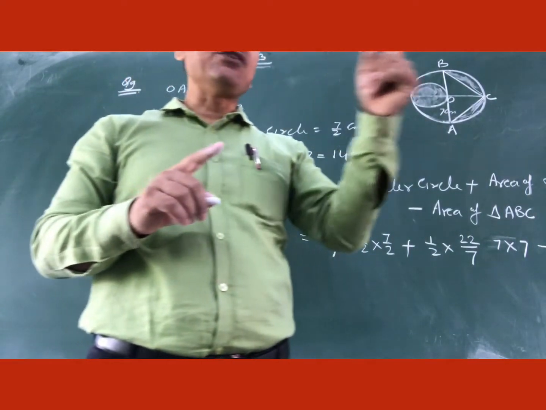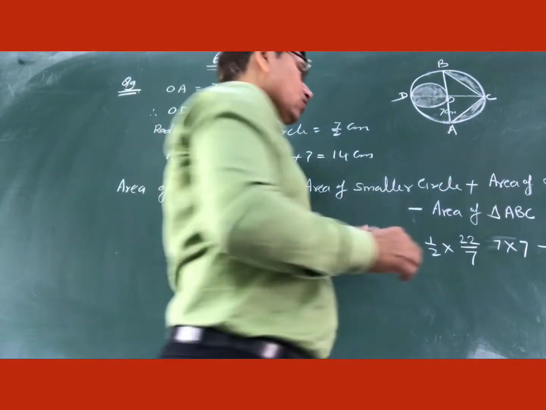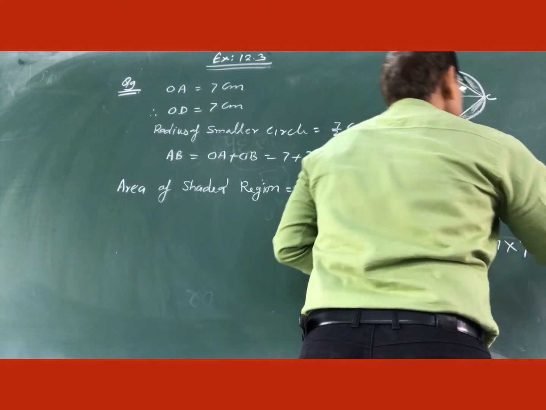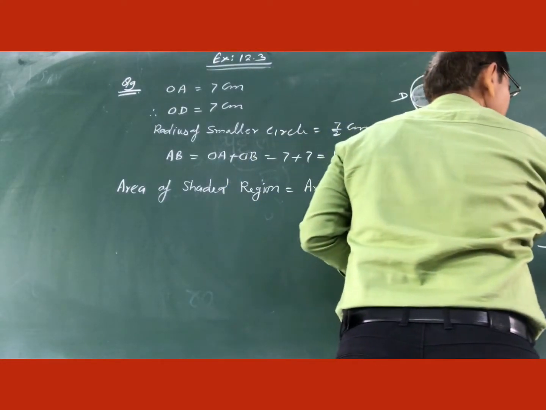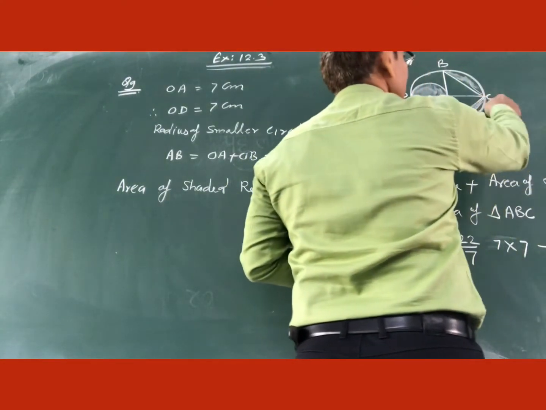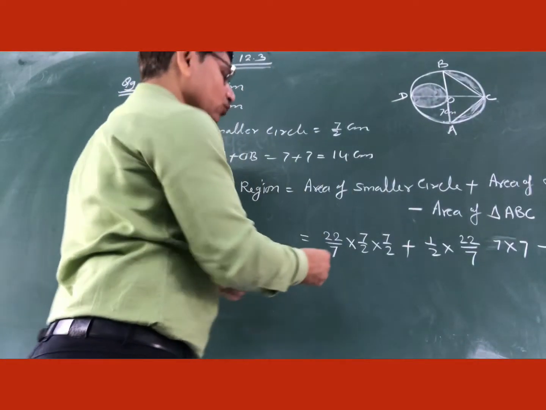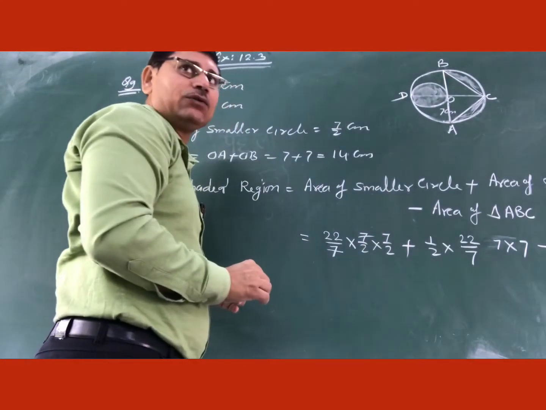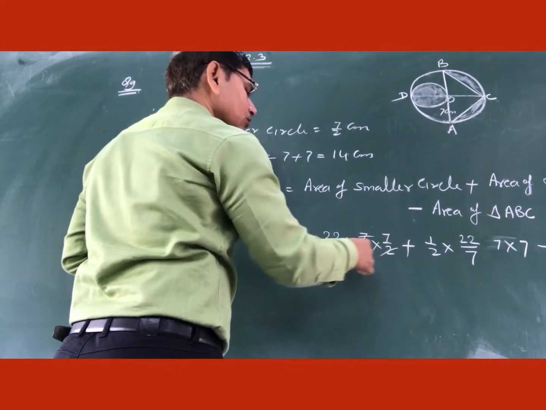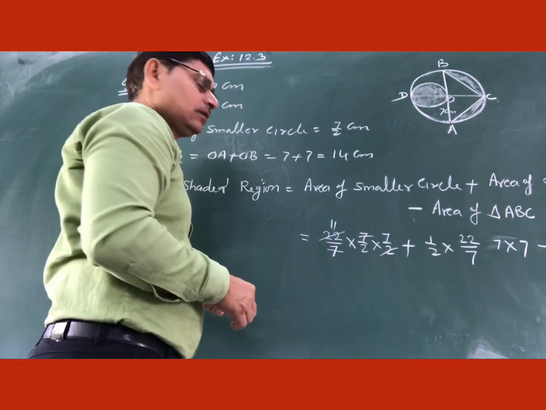The formula is half into base into height. So half, base is AB, and height is OC. So put all the values. Here you can see that 7 and 7 cancel out, and 2 into 11.